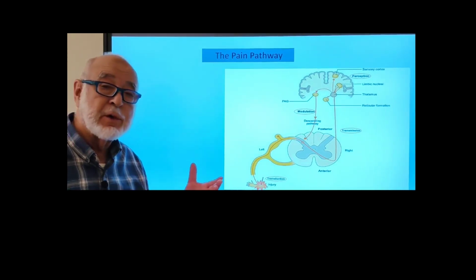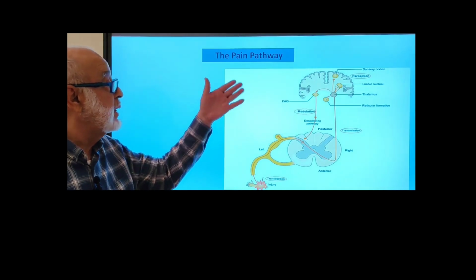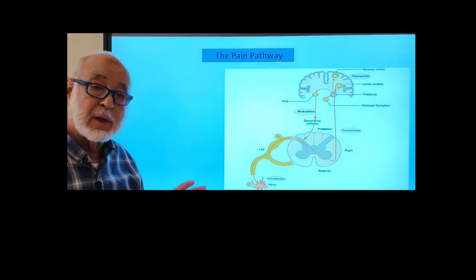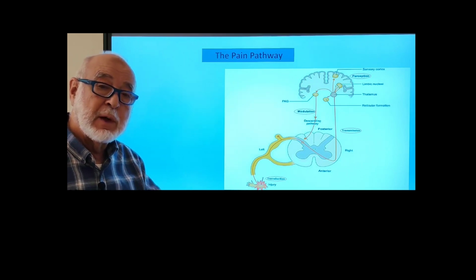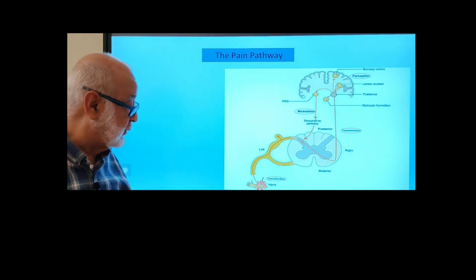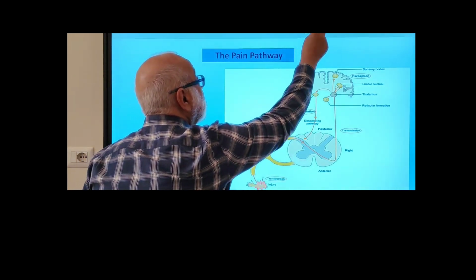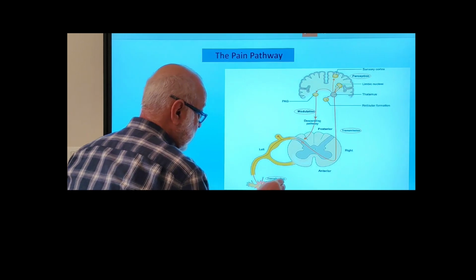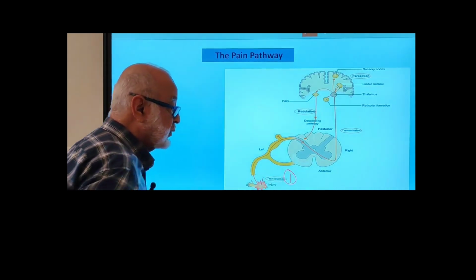So, a revision of what we covered last lecture: we talked about the pain pathway. We said that pain will pass through 4 different phases. The first starts at the level of the periphery, usually in a process known as transduction.